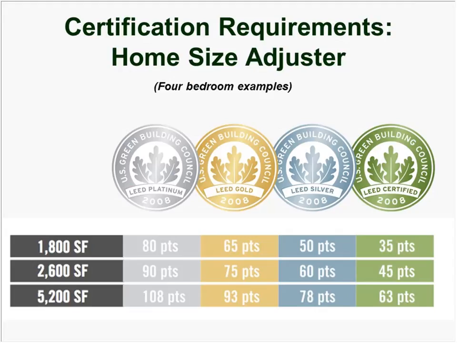The way LEED works on home size is that it uses a home size adjuster. Under the 2008 version, if you have a single-family home or even a multifamily building, which gives you a little more points, a ratio of fewer bedrooms and more square footage is going to penalize you and make it harder to reach the higher levels of LEED, platinum and gold.